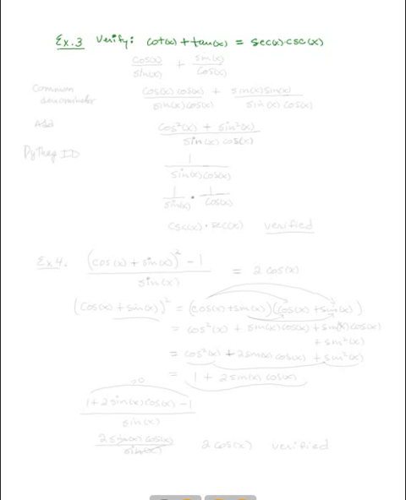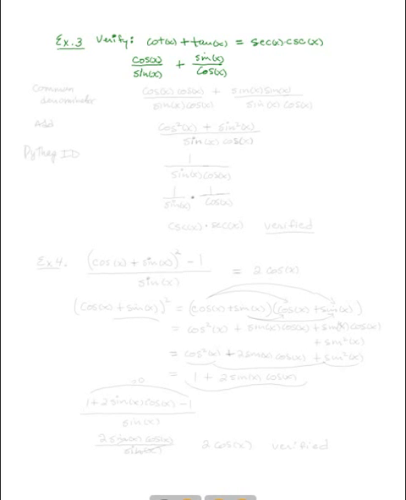And there didn't seem to be a lot you can do with the right-hand side, but you might want to look at that. But I'll start with the left-hand side, and the first thing I'll do is change the cotangent to cosine over sine. So cotangent of x is cosine of x over sine of x, and then the tangent will be sine of x over cosine of x.